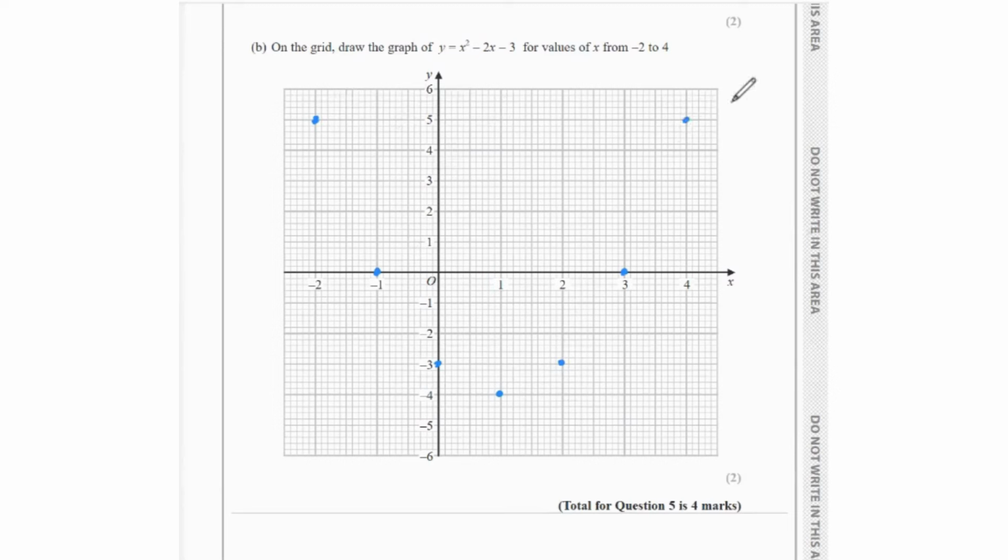For a change, these values were very simple to plot compared to other papers, where we just can't see the values because the graph is so tiny. Okay, so now we just connect these. That's the graph.